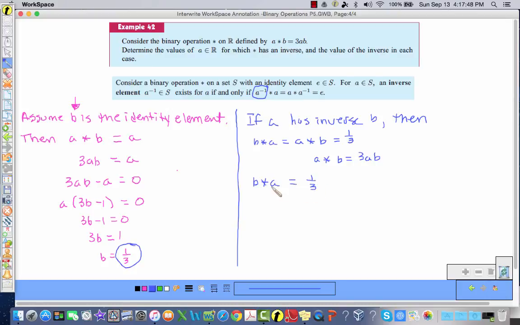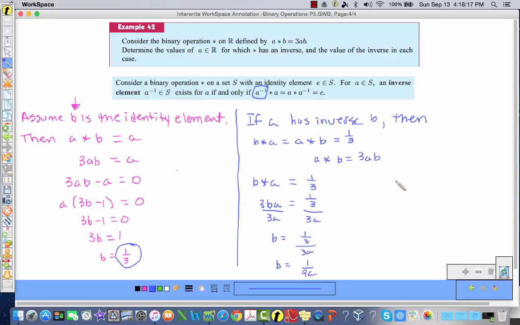Well, B star A by this definition would be 3BA, which has to be equal to 1/3. And so if we solve for B, we divide both sides by 3A. So B would equal 1/3 divided by 3A, which gives us 1/(9A).